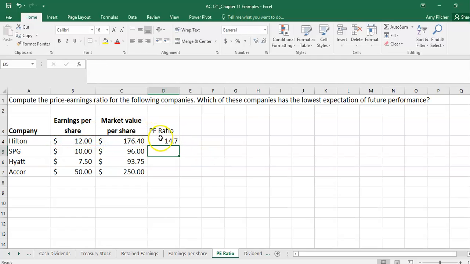So we calculate the PE ratio for each of these companies. We might have looked at the dollar amount of the earnings per share and the market value per share and thought that the ACOR stock was the best stock. But as we see with the PE ratio, the best stock as compared to earnings per share and the PE ratio together is the Hilton stock.